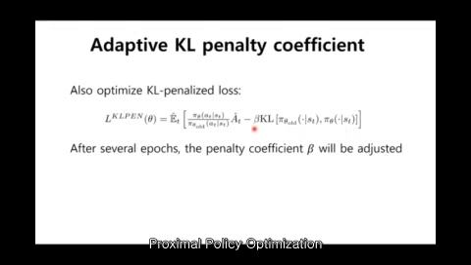The beta is a penalty coefficient. The coefficient beta is adapted after several epochs. This makes the policy not change too much away from theta old by adjusting beta suitably.